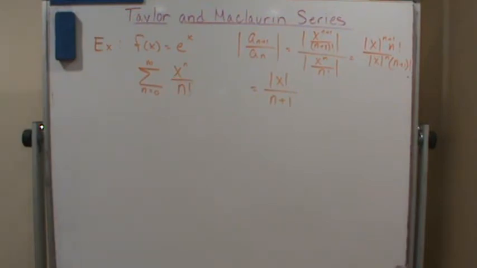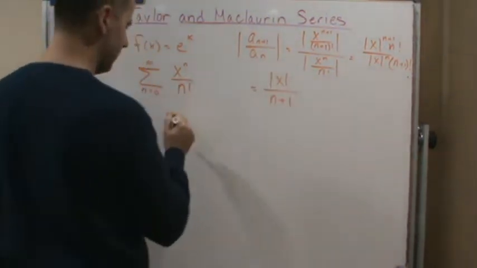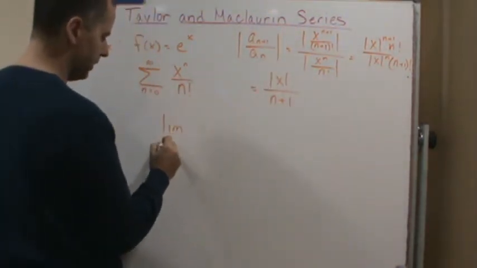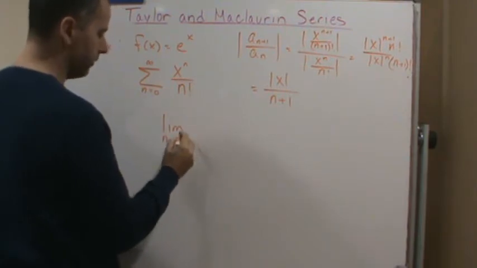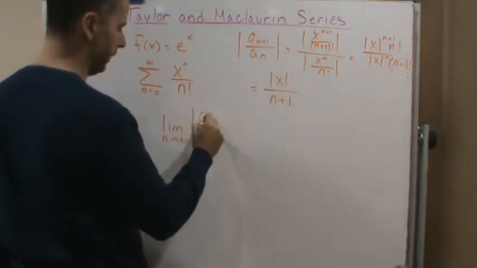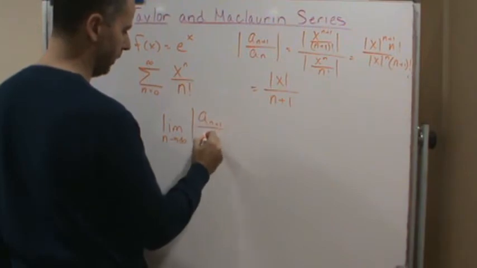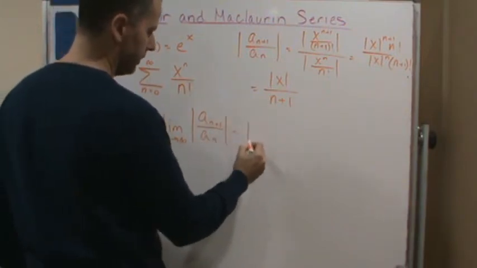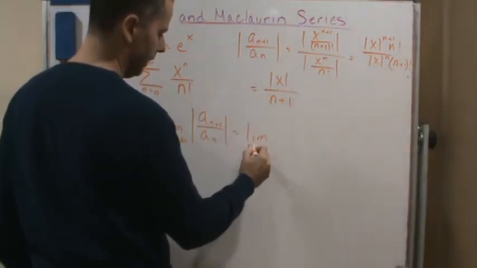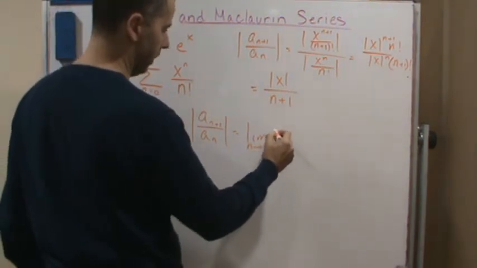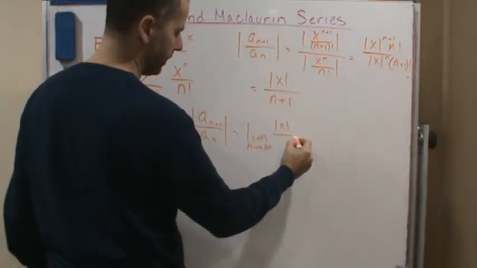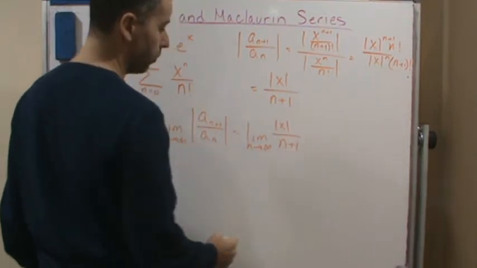Okay, so now, the interval of convergence. The limit as n approaches infinity of the absolute value of a sub n plus 1 over a sub n is equal to the limit as n approaches infinity of the absolute value of x over n plus 1.